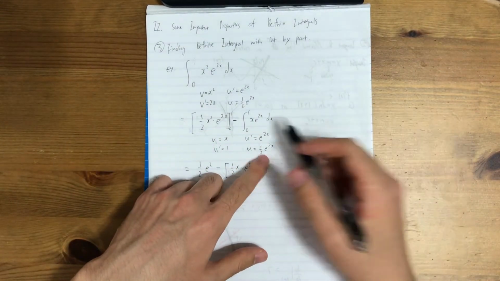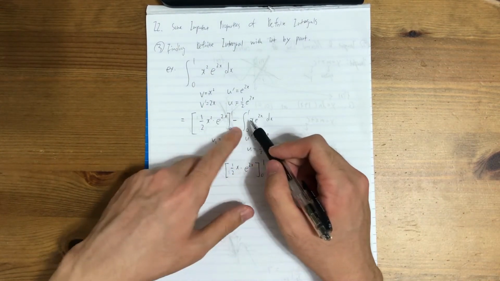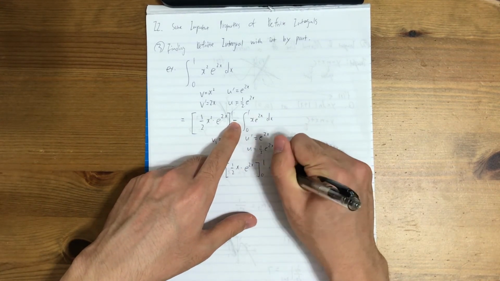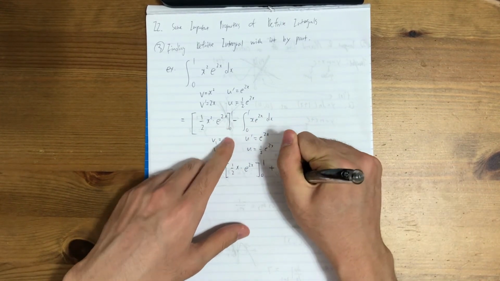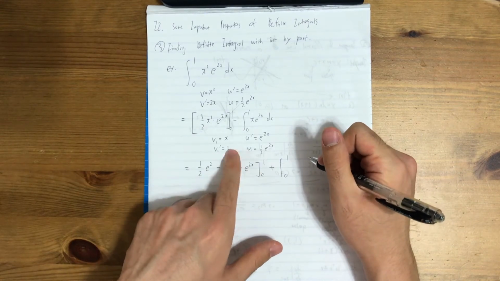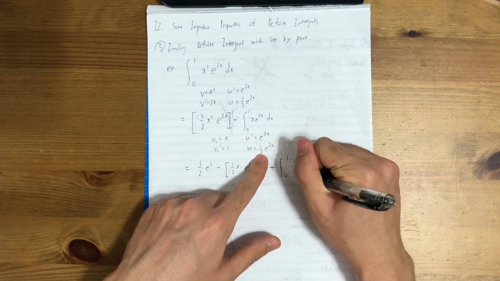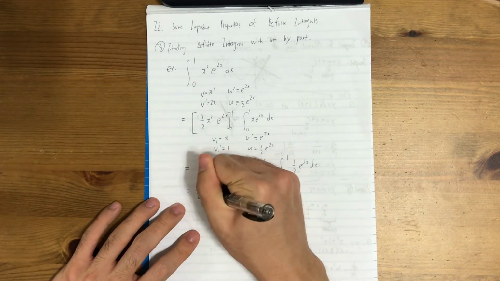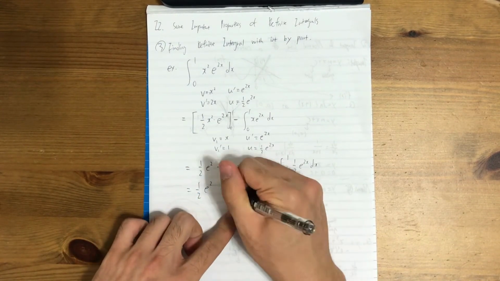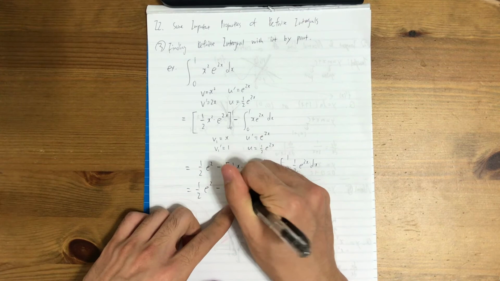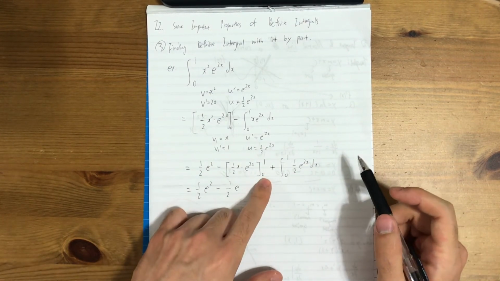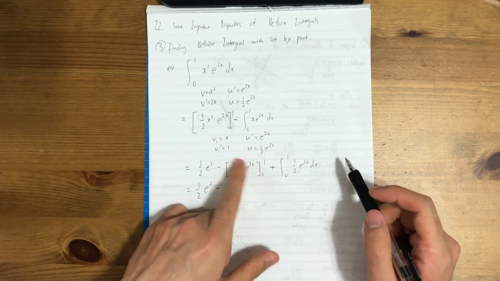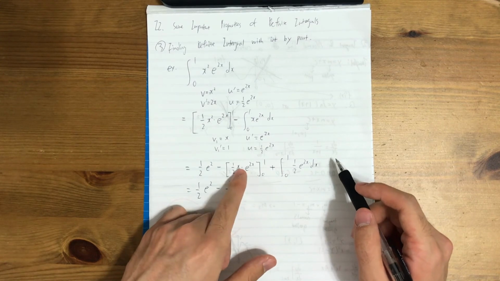And then we have another integral with minus, but since we have a minus in front already, it becomes plus from 0 to 1. And the product of these two is just simply this, right? So we have half e squared, and for this one, what we will have is half e, right? And again, we don't have to consider 0 because it will be 0 when x equals 0, right?